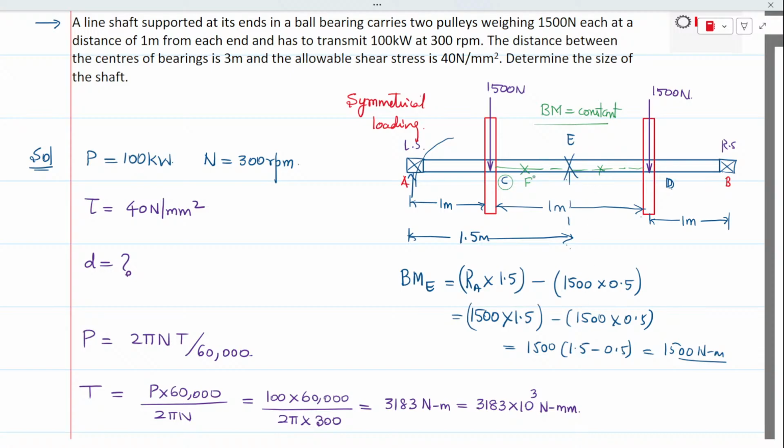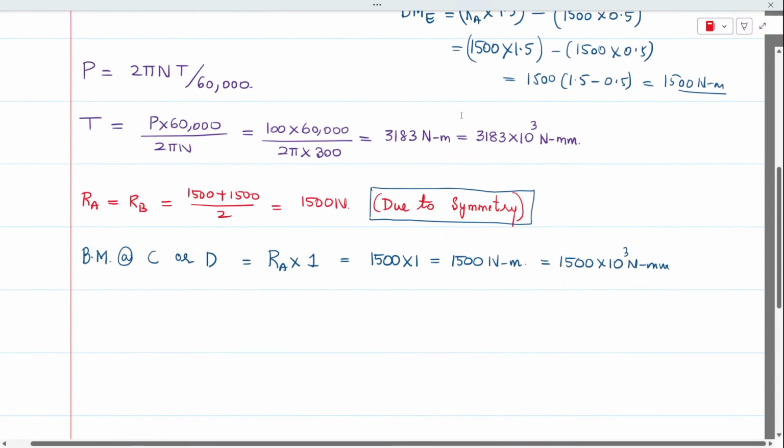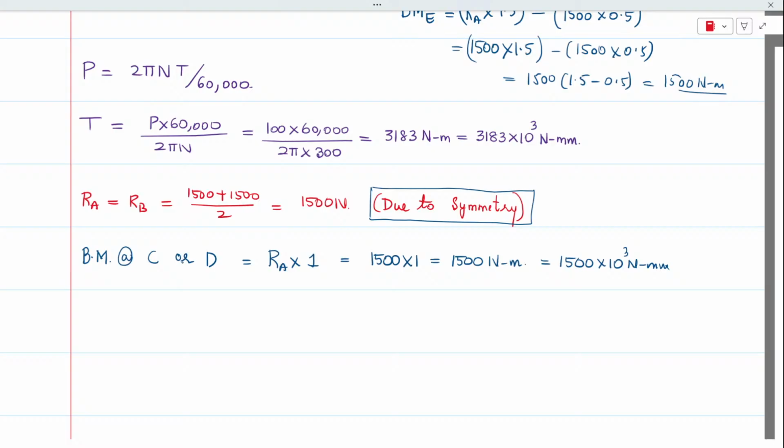So you could check with any other points also. I have calculated in the middle, even at the C also, I got the same value. It's not going to change. So bending moment at C or D will be same.